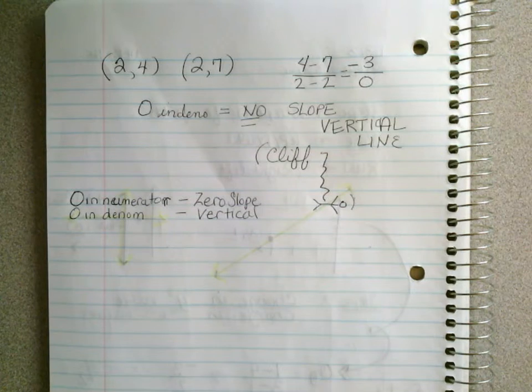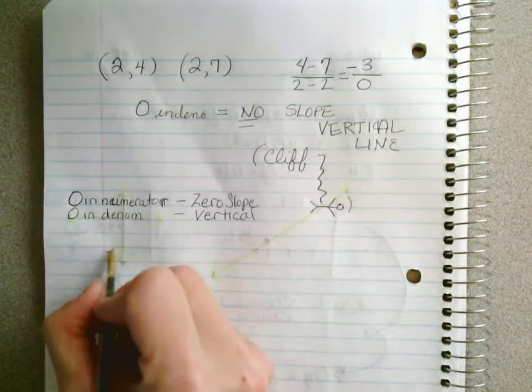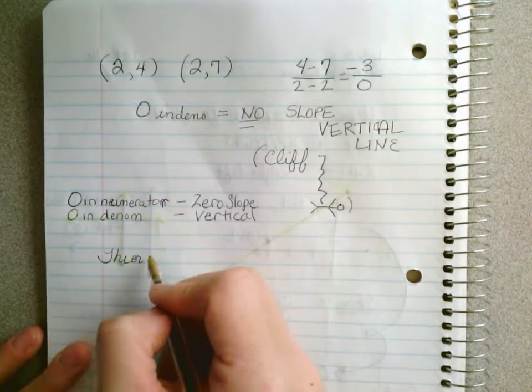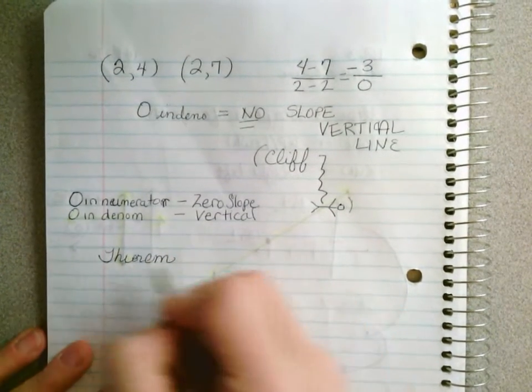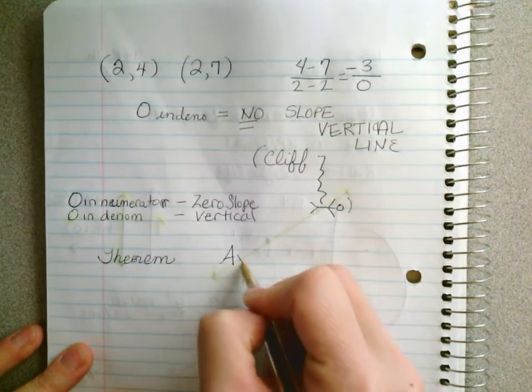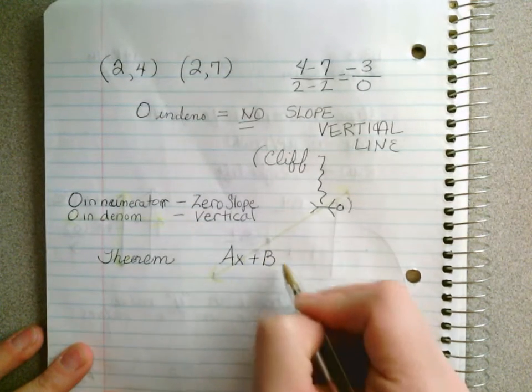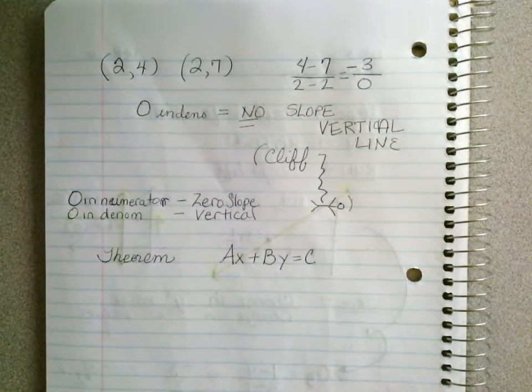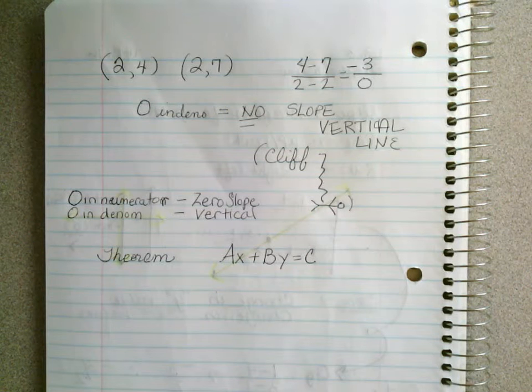If you want to look at the theorem further, you can, but I do want to show it to you because I feel like for some of us, this is a huge light bulb. You know the formula that I just showed you guys, ax plus by equals c? Any equations in that form will graph a line.